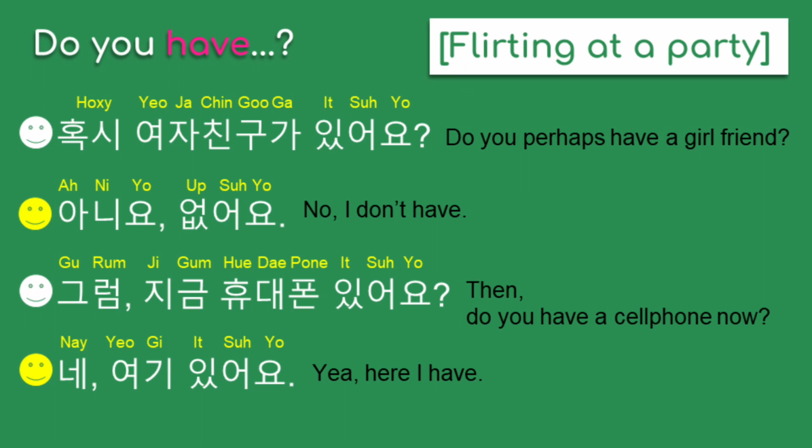Okay, now let's reverse the role. You're gonna be the white smile part and I'm gonna read the yellow smile part. Okay? Okay, let's go. 아니요, 없어요. Your turn. 네, 여기 있어요.